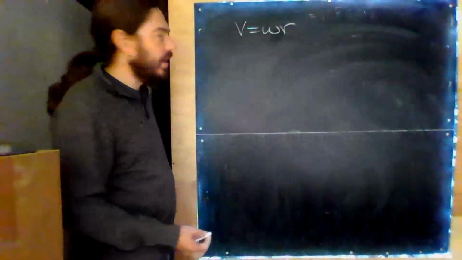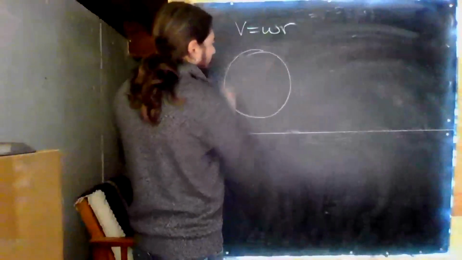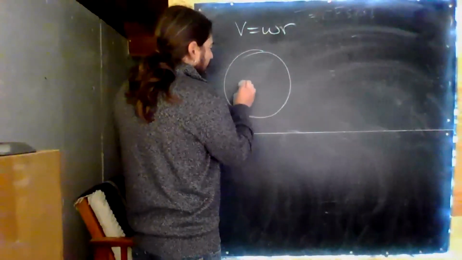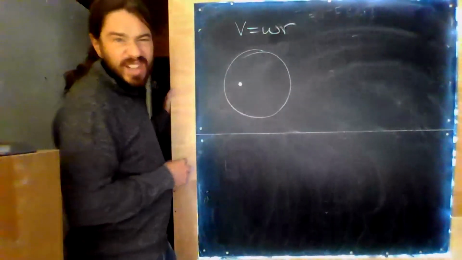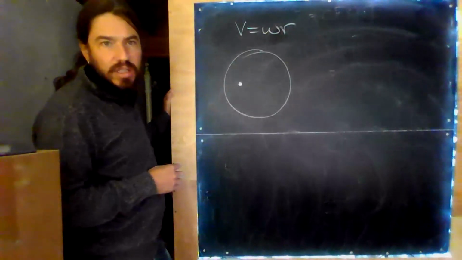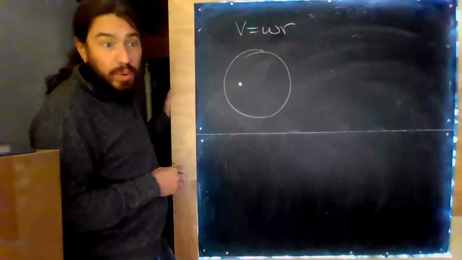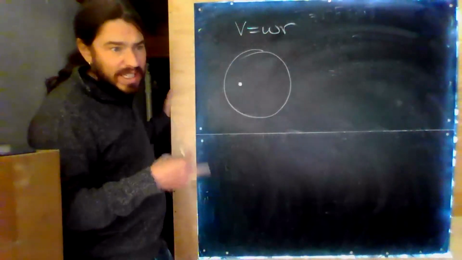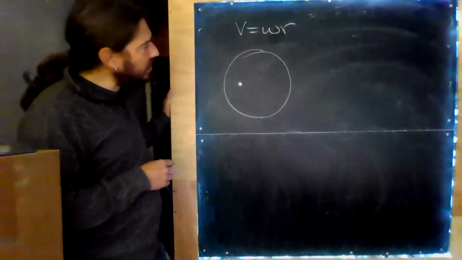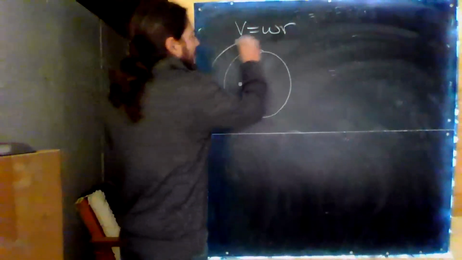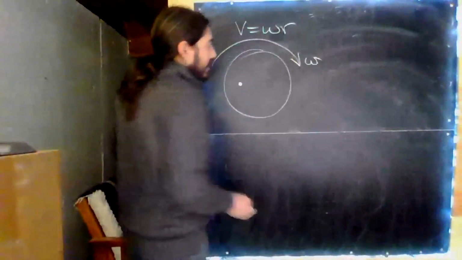If we had some point right here, let's say, so it's not in the center, and I wanted to know what the velocity of that point is. So what's the total velocity of that point? It's not one of the ones given on the slide. It's a little bit more complicated of a situation. Well, let's say that the wheel is rotating in that direction.